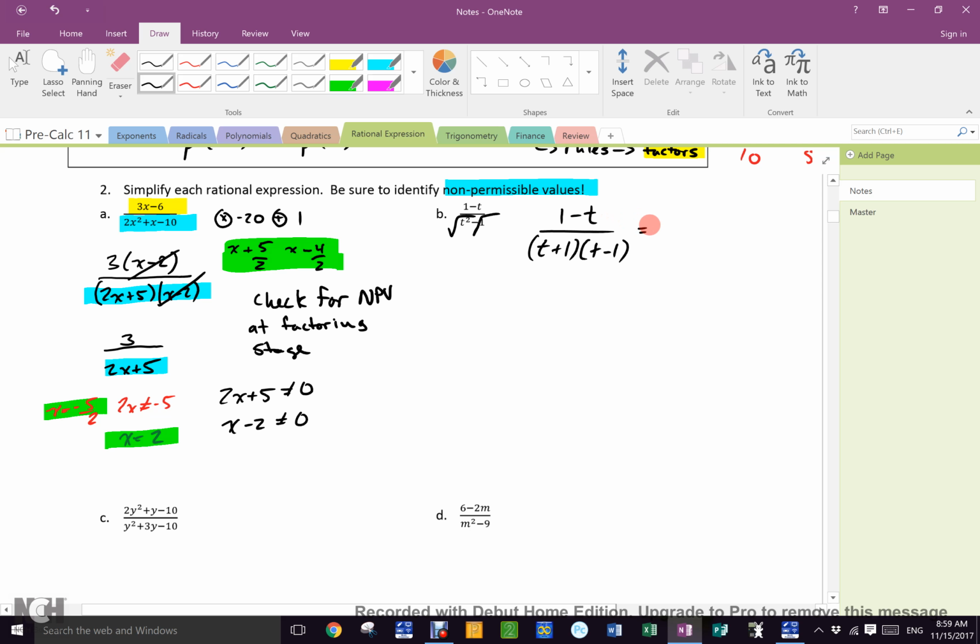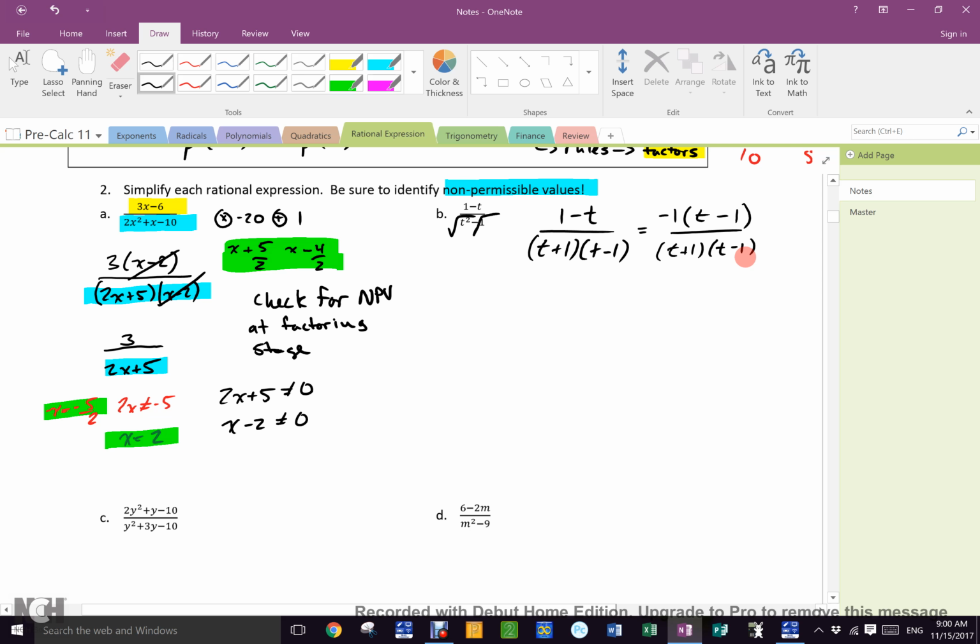So this on the top, if I take out a negative 1, then what happens to that positive 1? It becomes negative 1. What happens to that negative t? It becomes positive t over t plus 1, t minus 1.